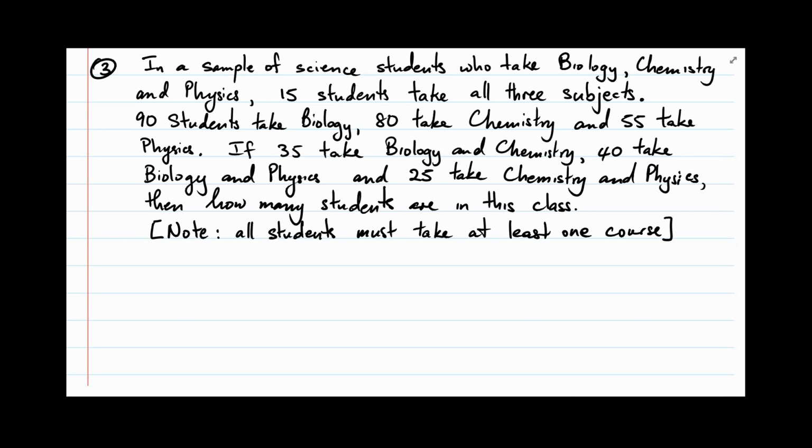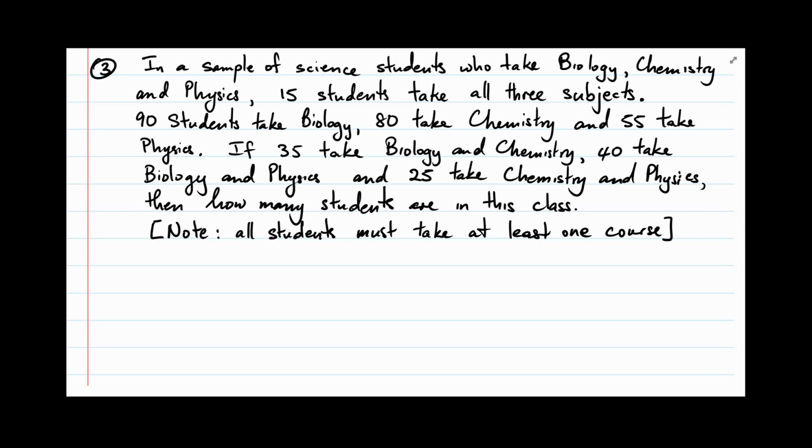If 35 take biology and chemistry, 40 take biology and physics, and 25 take chemistry and physics, then how many students are in this class? It's telling us that all students must take at least one class. That was kind of obvious, but I guess they're really putting the idea forward.